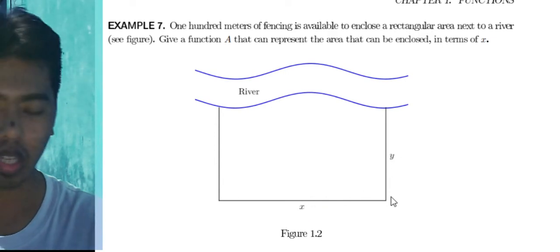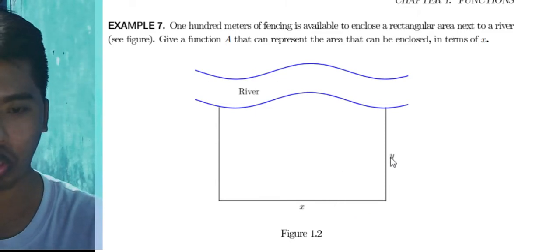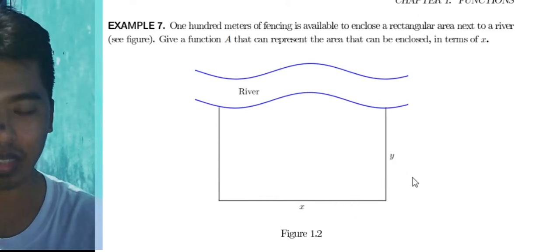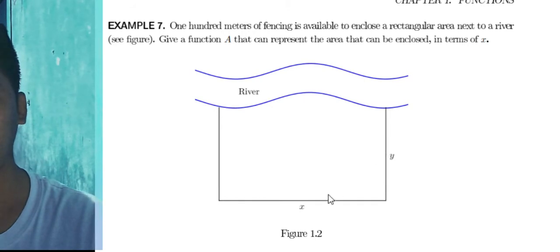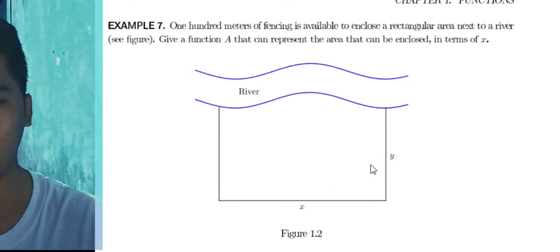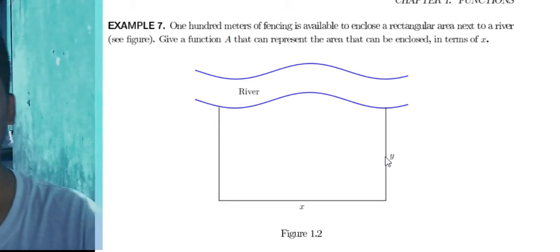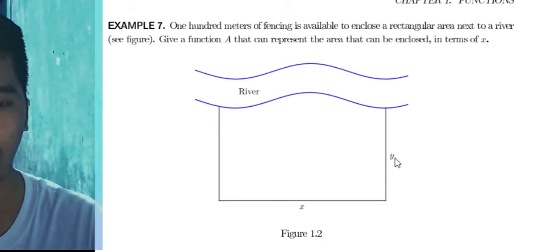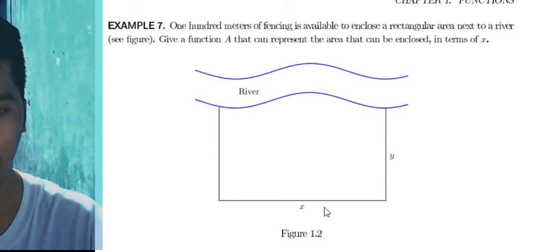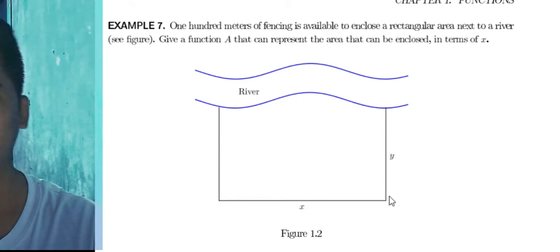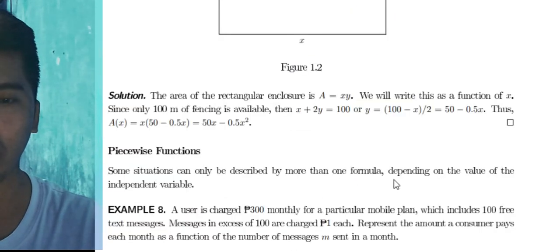But anyway, it doesn't matter because we're going to use length times width. It's multiplication, so it will not change the answer. For now, let's have a consensus that y would be our length and x would be our width.